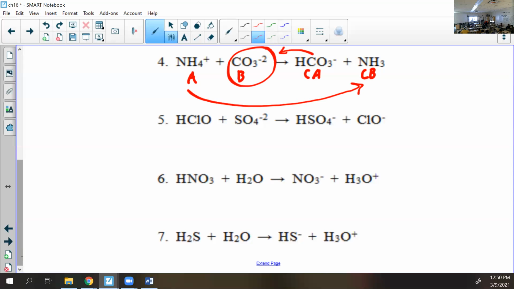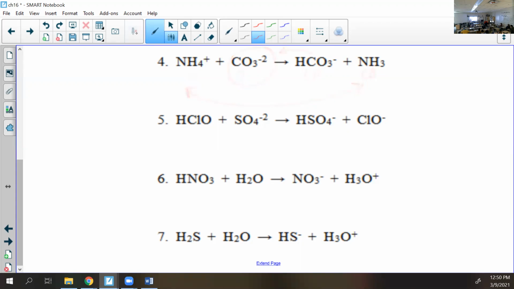We know this is a base because it gained going that way. This one's actually sort of easy. There's no H here, so that's your base. We okay with that? Then we know this lost, so that must be my A, this must be my B, and on the right side we put C's. You can get them pretty fast once you get used to them.